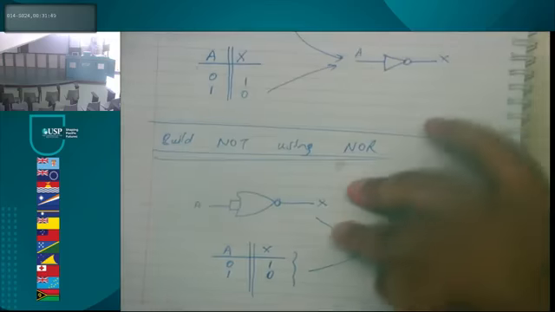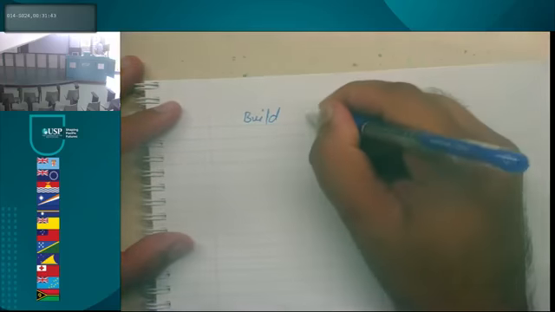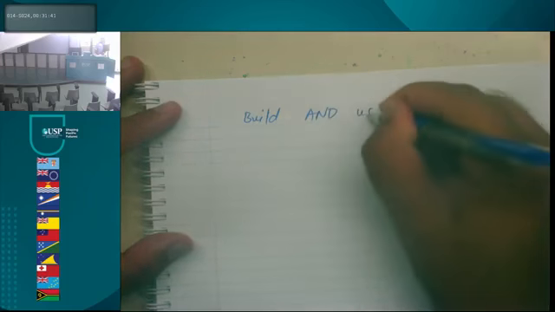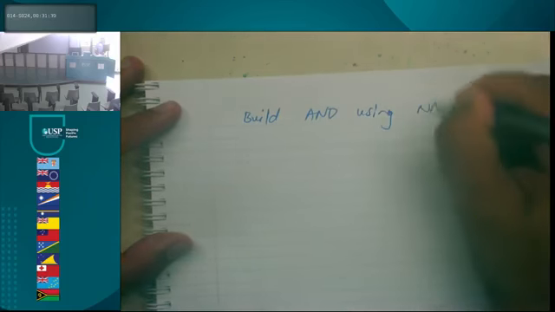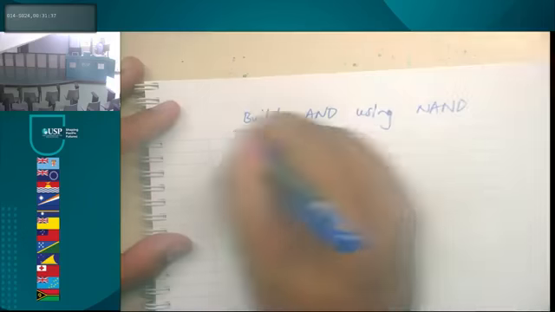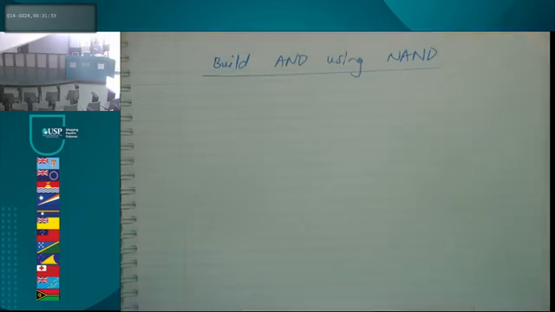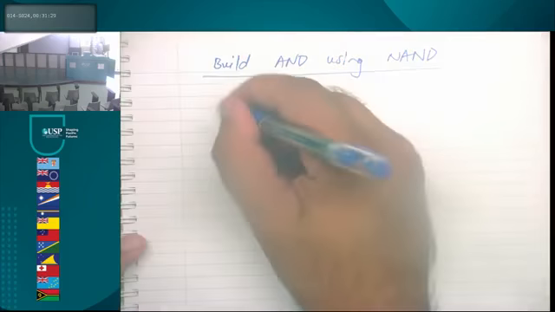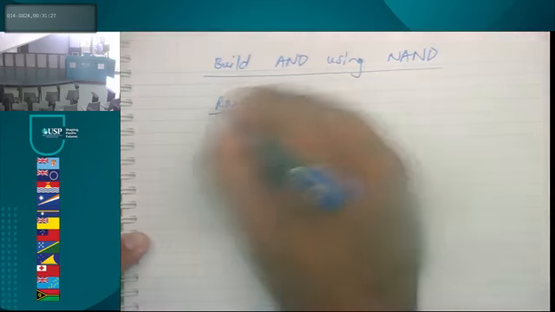Let's now do something more difficult. Let's now build AND using NAND. All right, now, what is the NAND made up of? Let's do a quick recall.